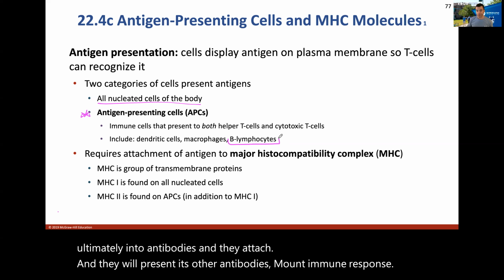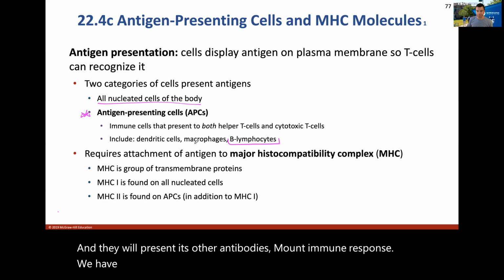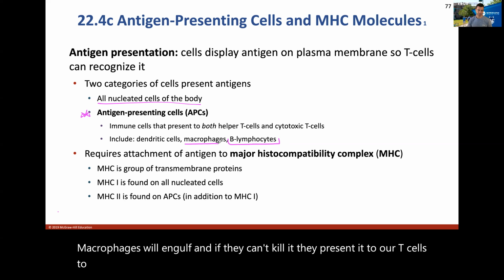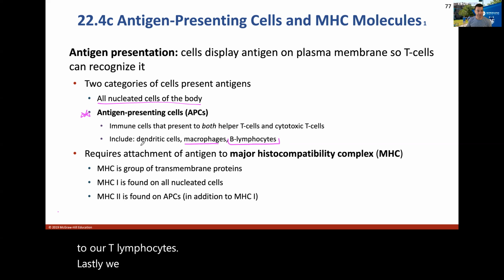We have macrophages, and these are as basic of an APC as we got. Macrophages will engulf, and if they can't kill it, they present it to our T cells, to our T lymphocytes. Lastly, we have dendritic cells. And dendritic cells, we find those within the skin.